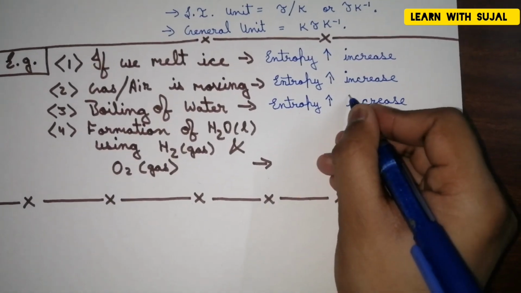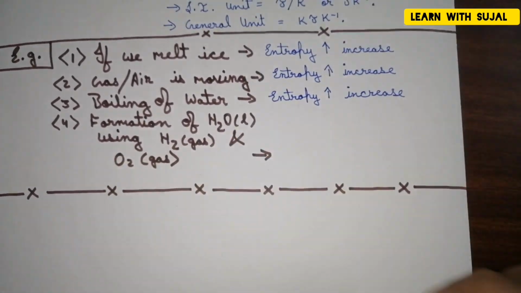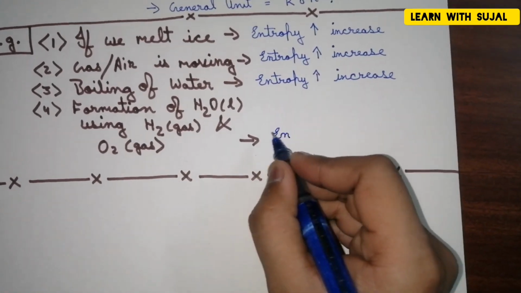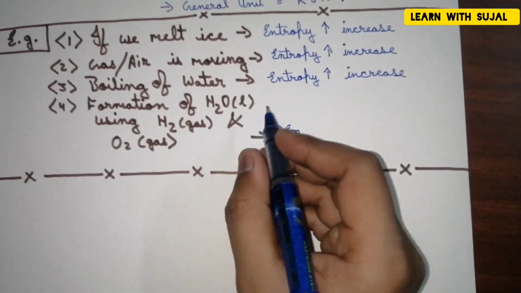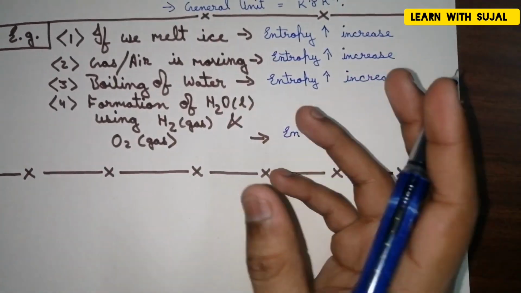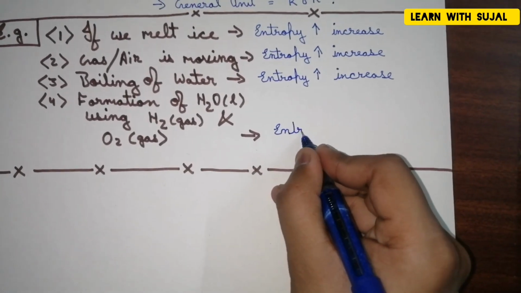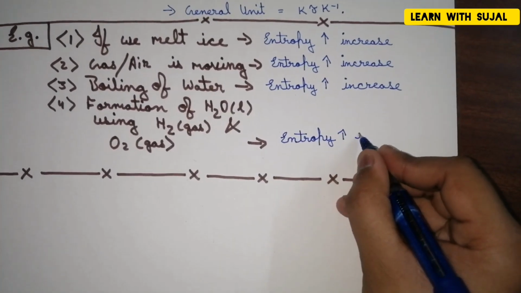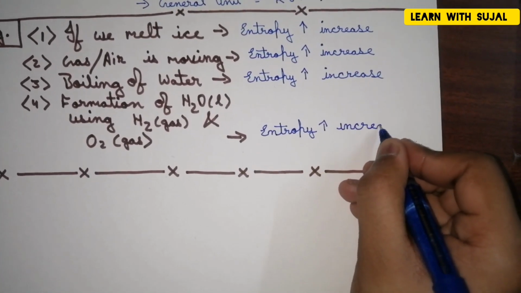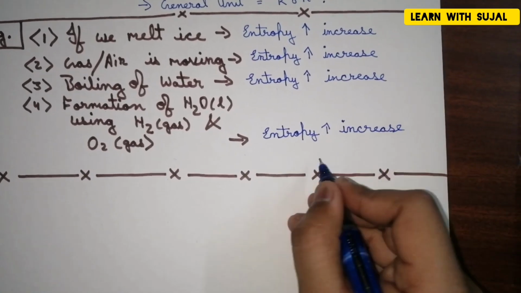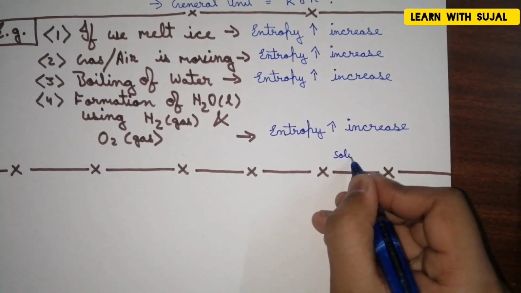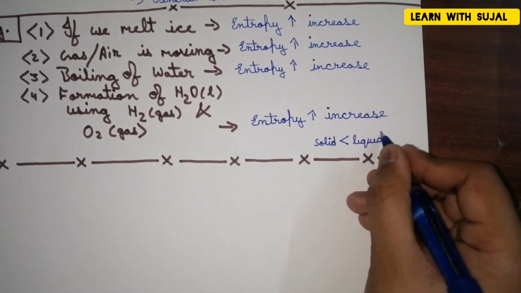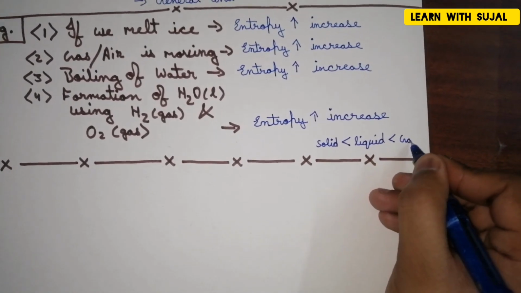Another example is water. Formation of H2O liquid using H2 gas and O2 gas, its entropy level will decrease because gas has more entropy than liquid, so we are converting the gas into liquid and the entropy level will decrease. Solid has the least entropy level and gas has the maximum entropy level. You can say solid is smaller than liquid on the basis of entropy, and gas has more entropy.